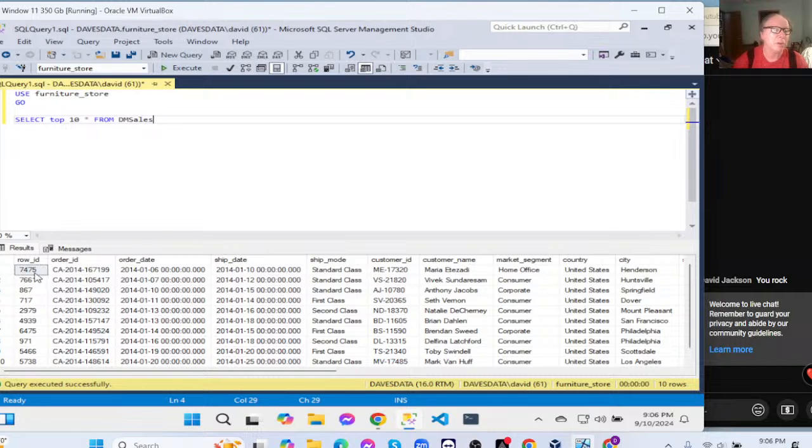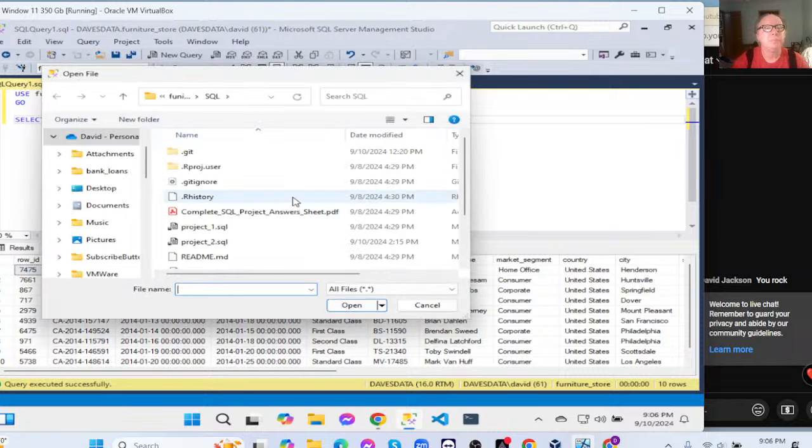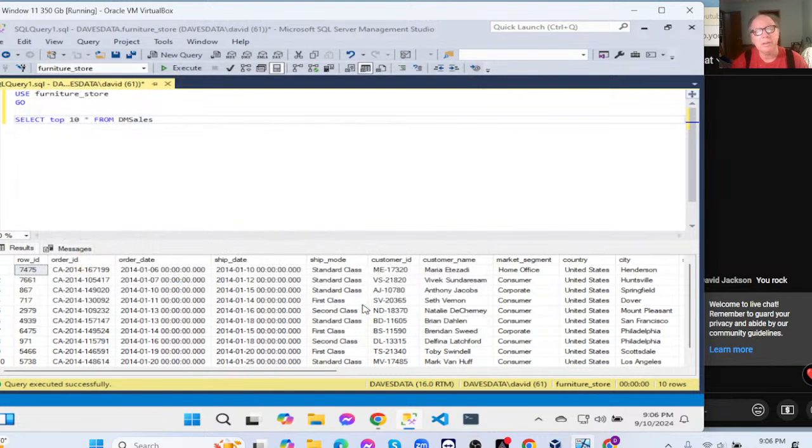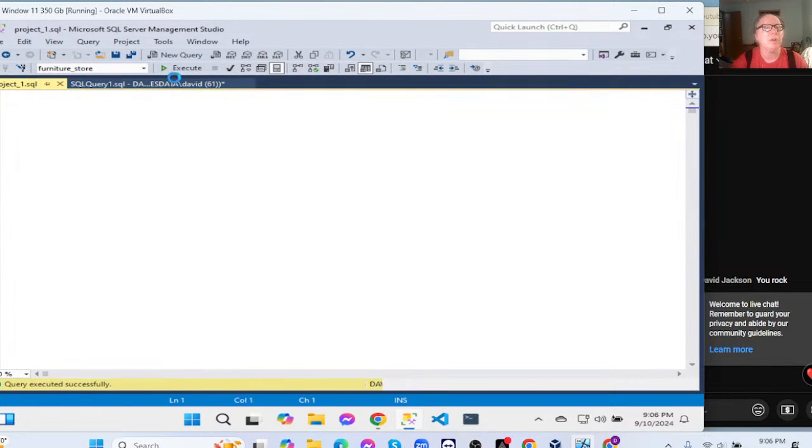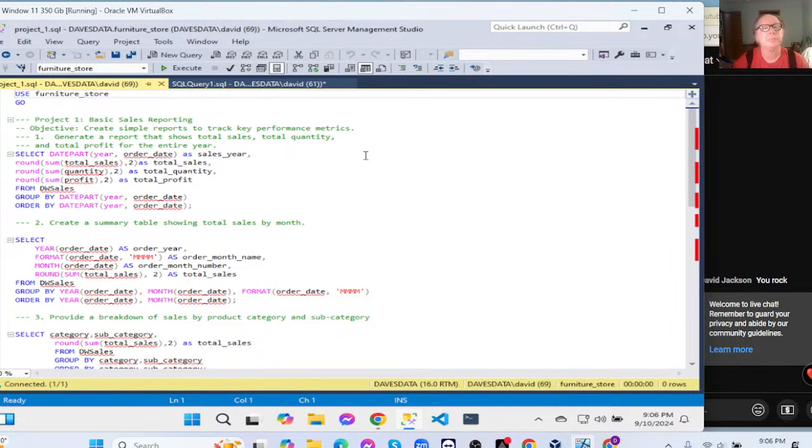So let's take a quick look at the data as a whole. DM sales. Let's close this right now and run this. And you can see the usual suspects: order number, order date, ship mode, customer ID.